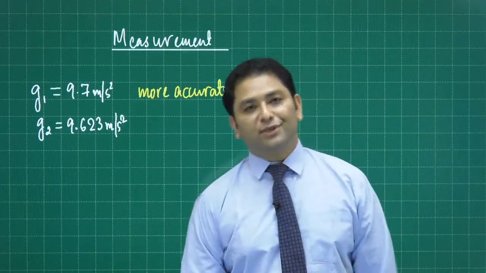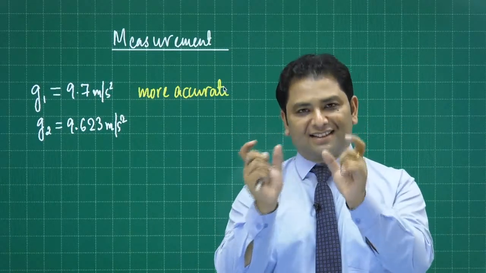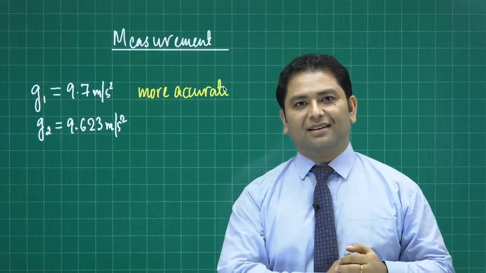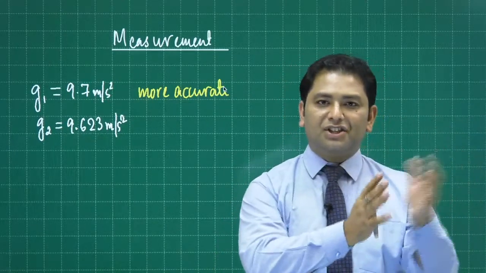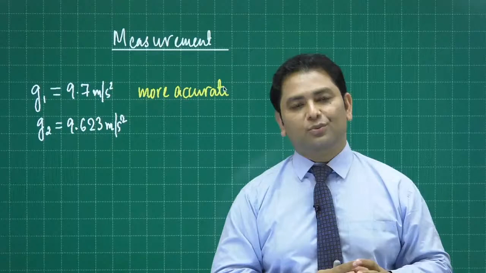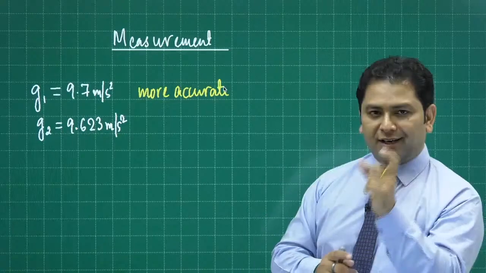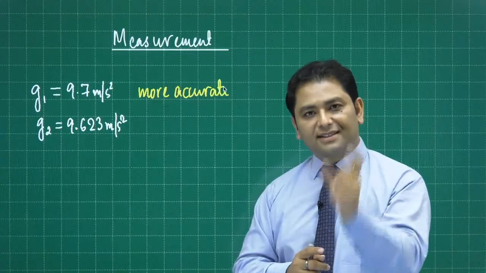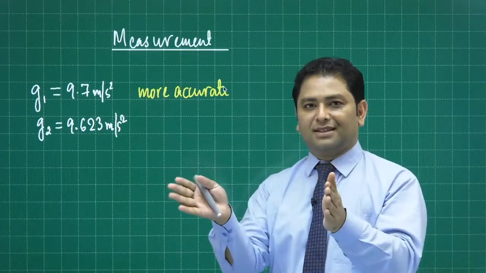But when you talk about precision, precision is talking about the fineness of the measurement. I repeat again, precision has to do with the fineness. In Hindi, you call it किसी भी measurement की बारीकी, that is, how finely you measure.